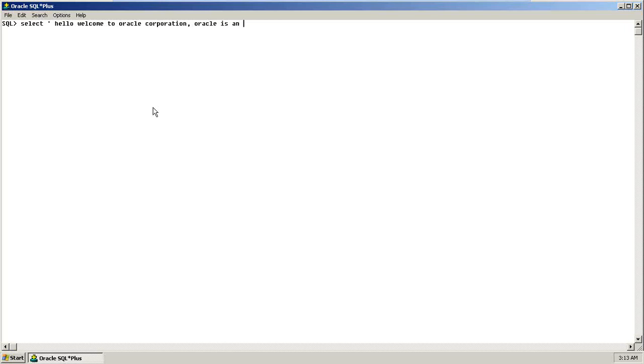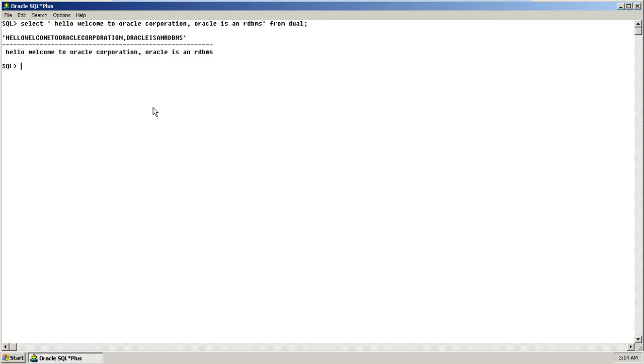Oracle is an RDBMS' from dual. This is a string, right?